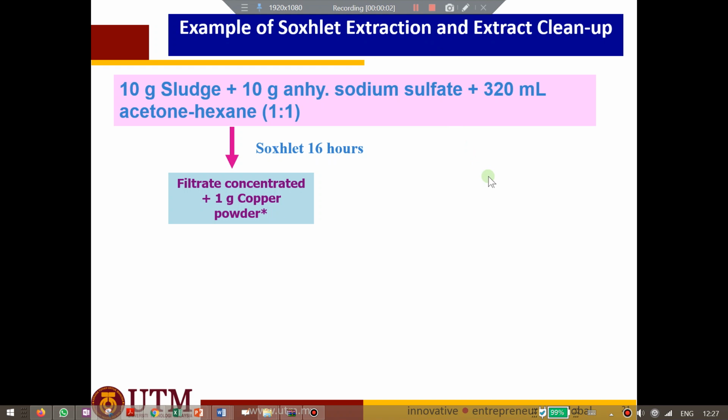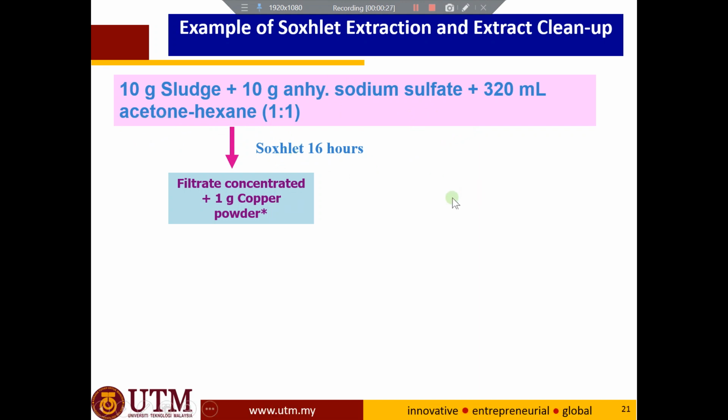Here is an example of solid extraction and extract cleanup. We have 10 gram of sludge. We use 10 gram of anhydrous sodium sulfate plus 220 ml of acetone hexane 1:1. We perform the extraction. The solvent of extraction is acetone hexane with the ratio 1:1.